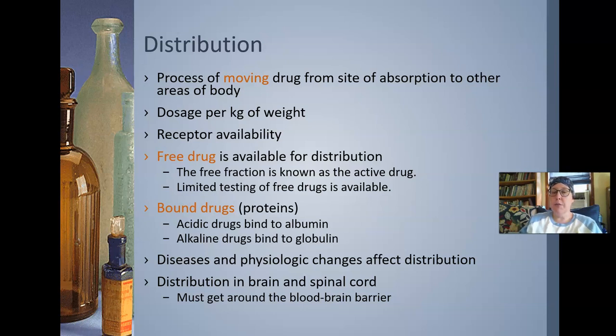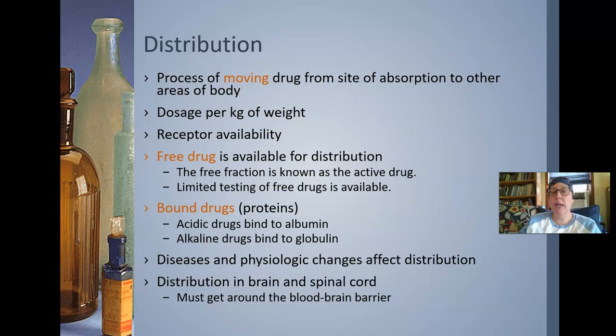It can also be a factor of receptor availability, whether that receptor gets it, if it's an orally administered drug, from the small intestine into the circulation, so through the intestinal wall, or whether that receptor allows it to bind to certain tissues and enter the cells. Receptor availability can vary between people.